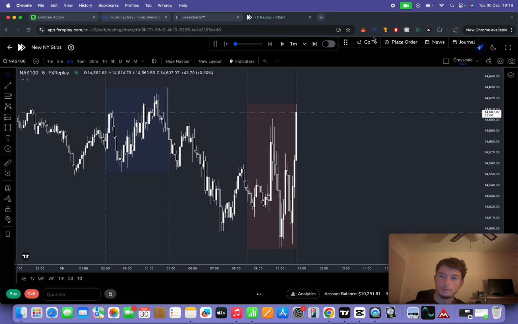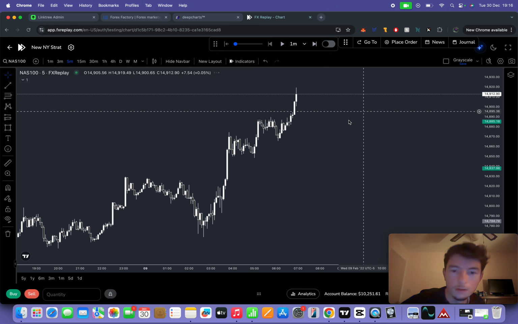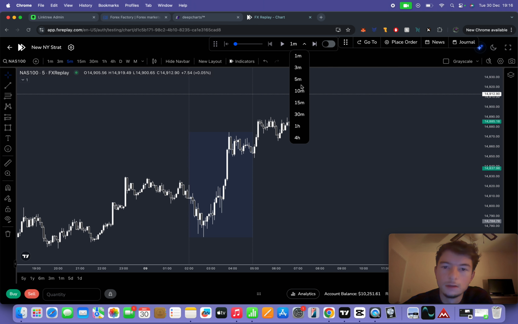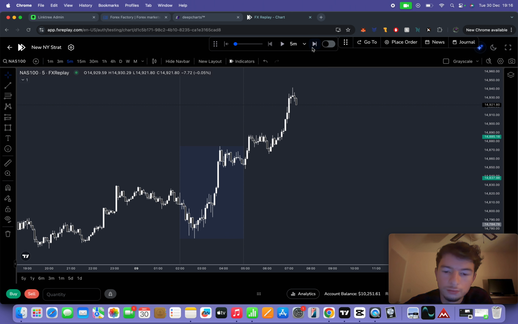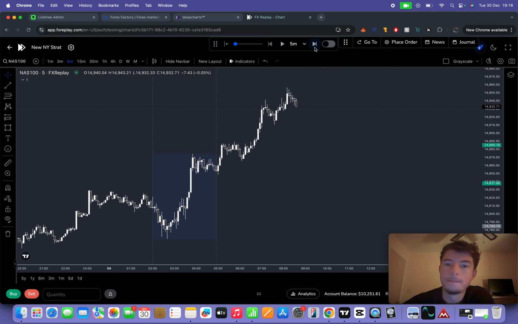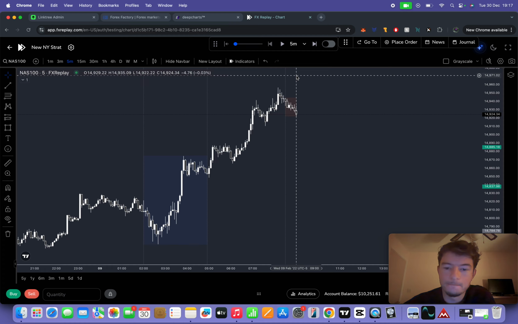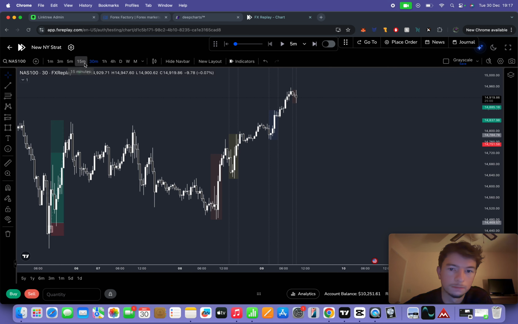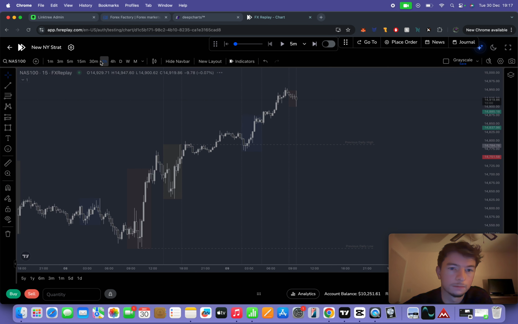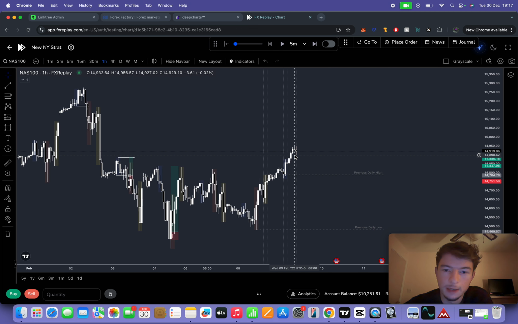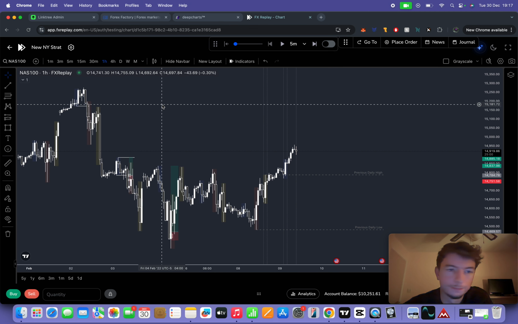Very up and down movement. Next session. This looks much more bullish now. Hourly fair value gapped up there.